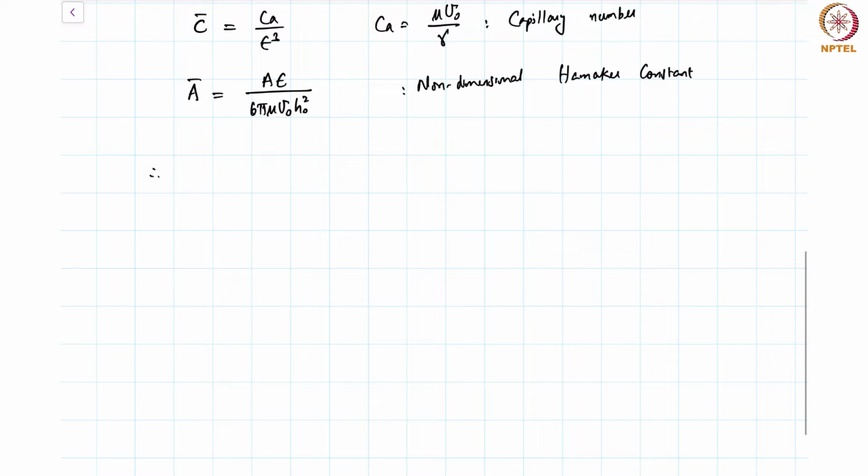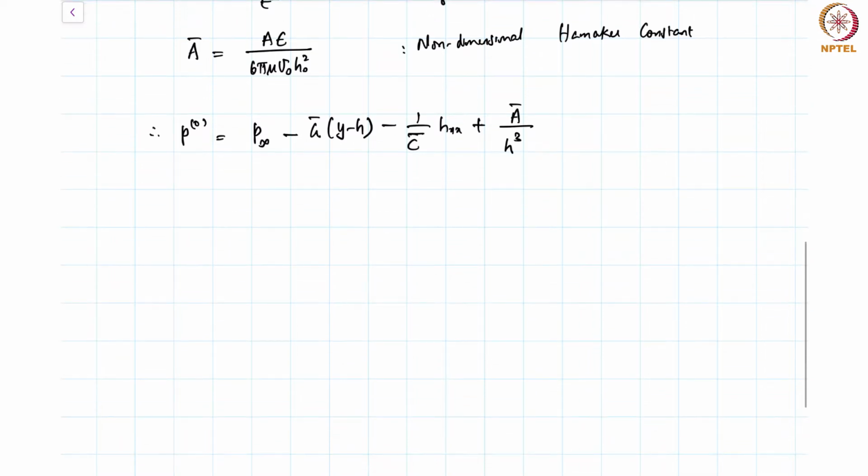So the compact form of the pressure now simply becomes P infinity minus G bar of (y minus h) minus 1 by C bar of h_xx plus A bar by h cube. This is basically my pressure.